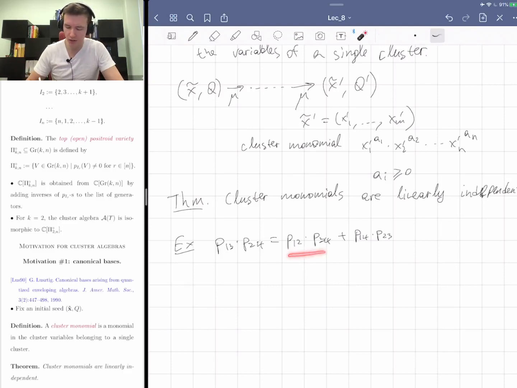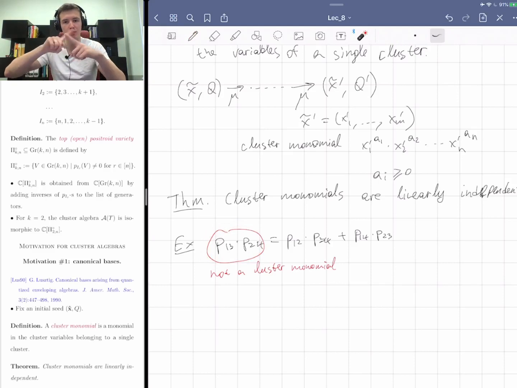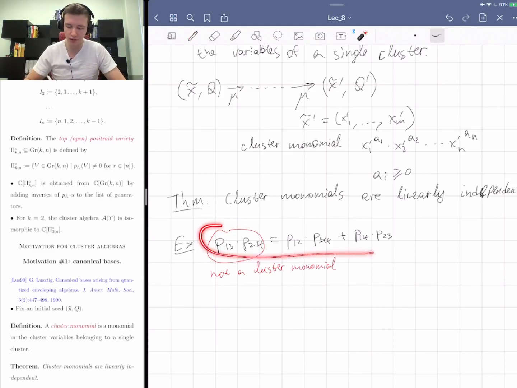These two are cluster monomials, but this one here is not a cluster monomial, because you multiply things from different clusters. P13 and P24 never belong to the same cluster. And so that's a linear relation, but it does not contradict the theorem.